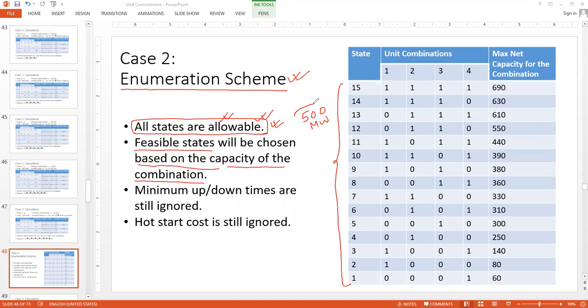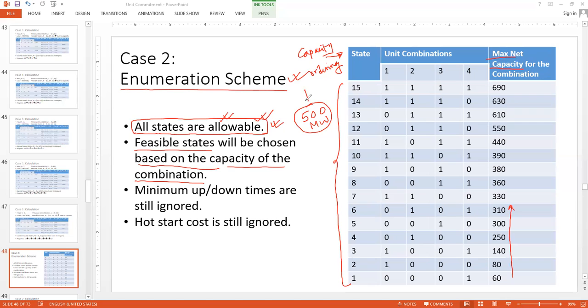Let's say the demand is 500 megawatts. This list is based on the capacity ordering, remember. That means the combinations among the units are arranged in such a sequence that if we go from bottom to top, we only experience an increment in the maximum net capacity for that combination.